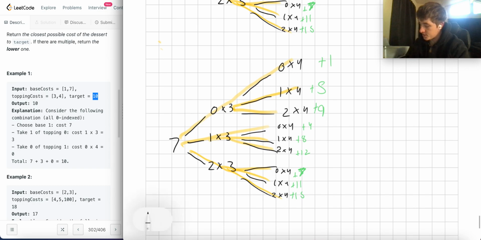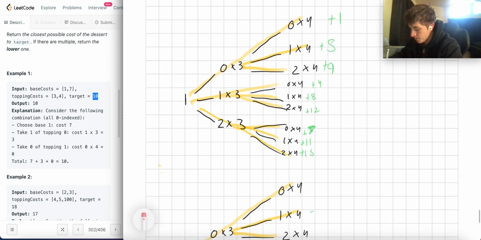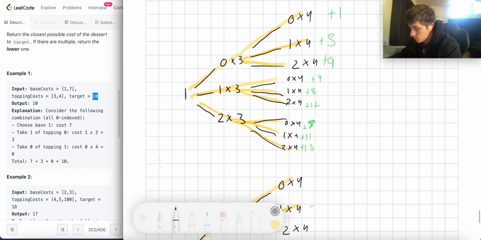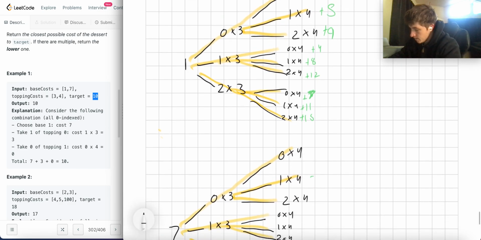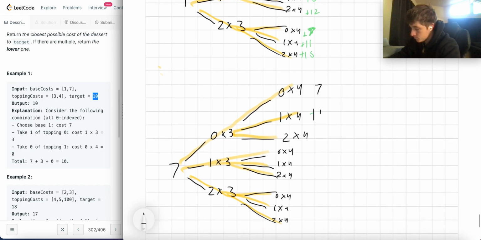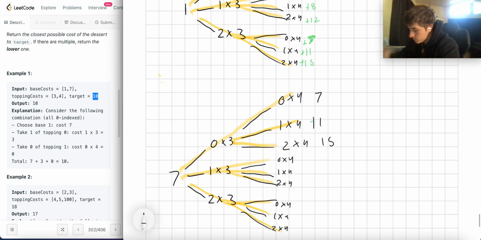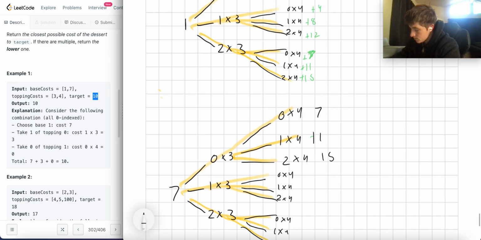So if I did the same thing and summed all these paths, everything would be 6 greater. So 6, 7, plus 4 is 11, plus 4 is 15. This is 6, 10, plus 4 is 14, plus 4 is 18.